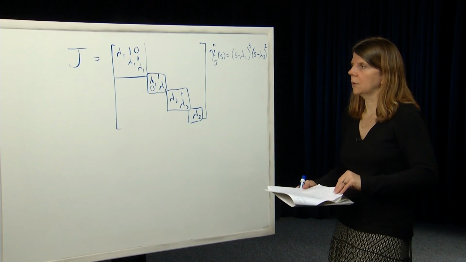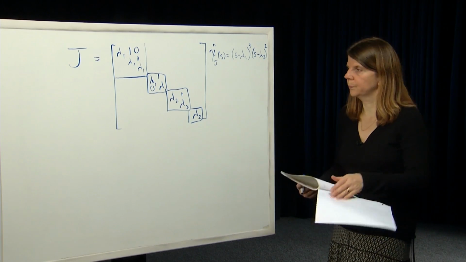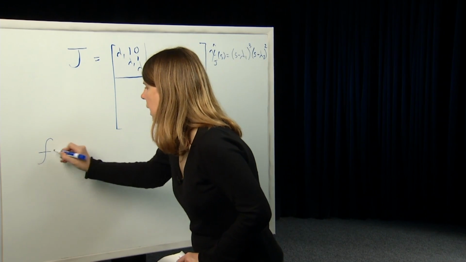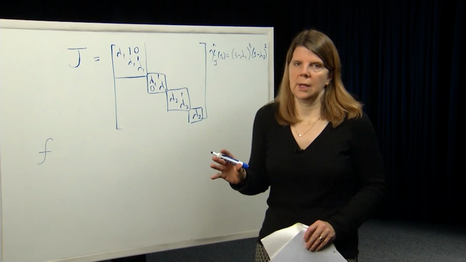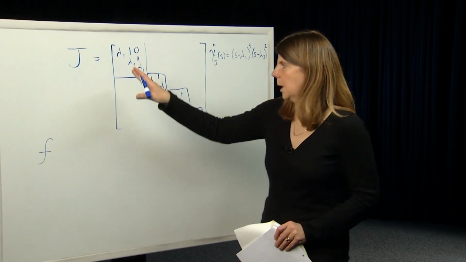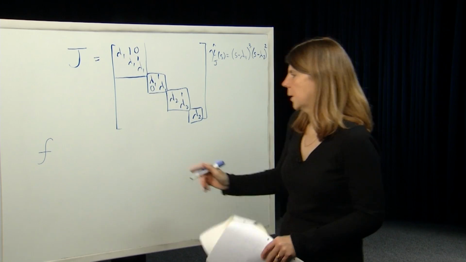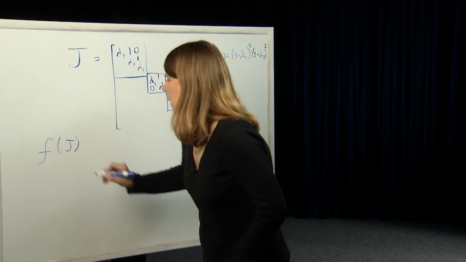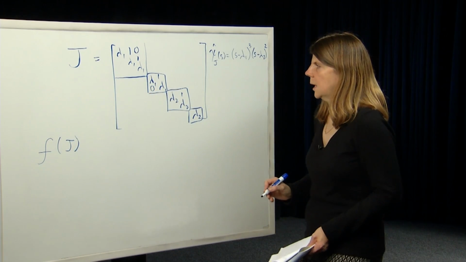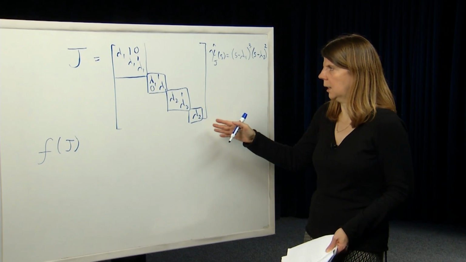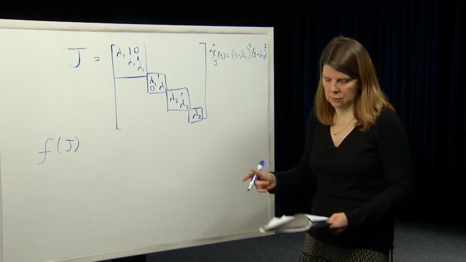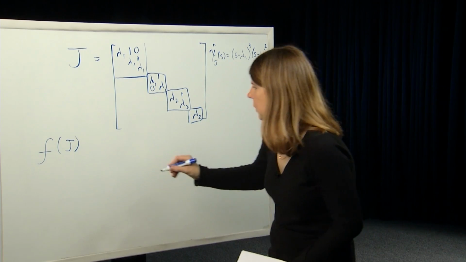Now suppose we have a function of a matrix, some function f. Let's suppose that function f is analytic on the spectrum of J. Then we can calculate that function of the matrix. And as we presented last day, the function f of J can be represented in terms of an operation on the Jordan form, and it's given as follows.